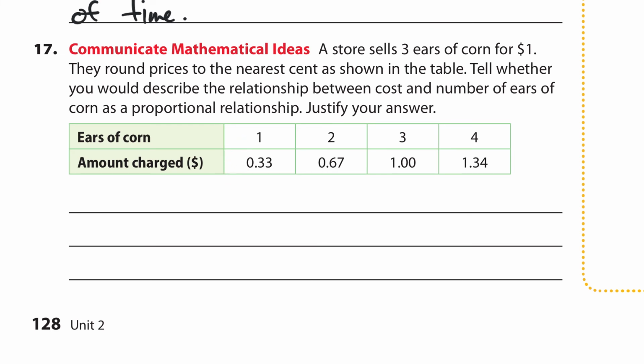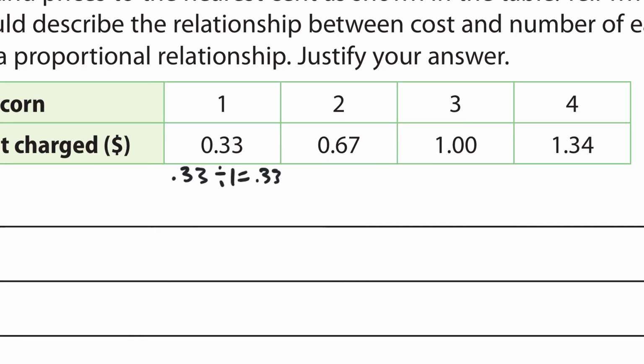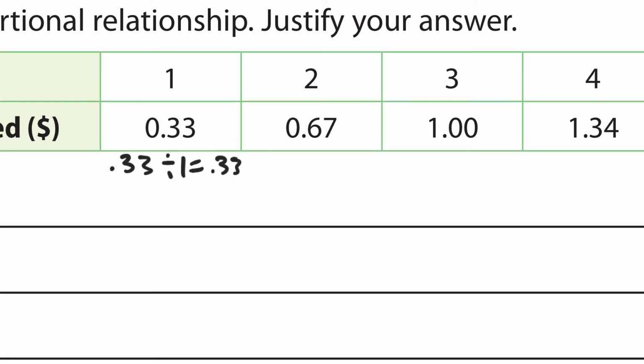It doesn't matter if I take this divided by this or this divided by this, it's going to be the same. Since I know that 0.33 divided by 1 is 0.33, I'm just going to go with that. So 0.33 divided by 1 equals 0.33. There's that ratio. Again, the bottom number, 0.33 divided by 1 equals 0.33.